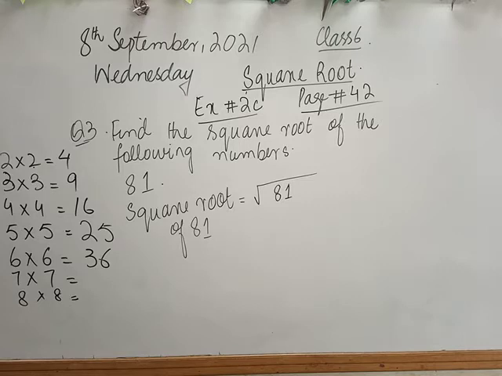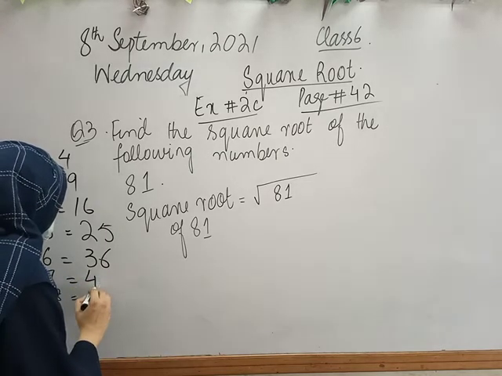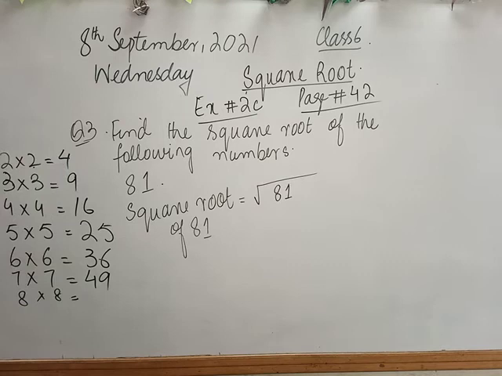Very good. 49. We have 49 in the end. Now, what is the result we have in the end after 8 multiplying by itself? Who will tell me? Yes, Harman Arshad, you tell me.